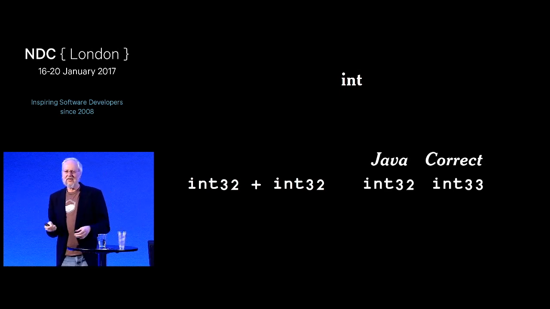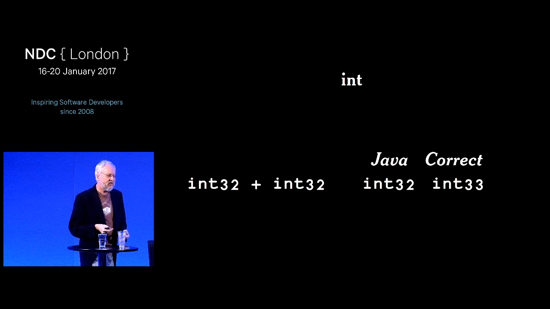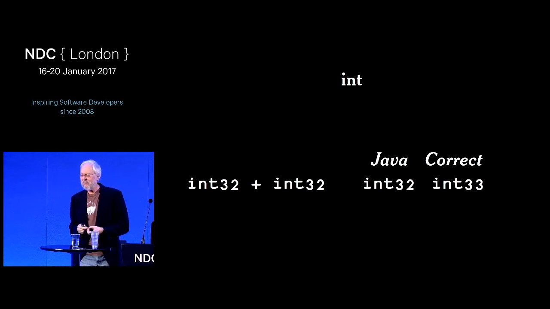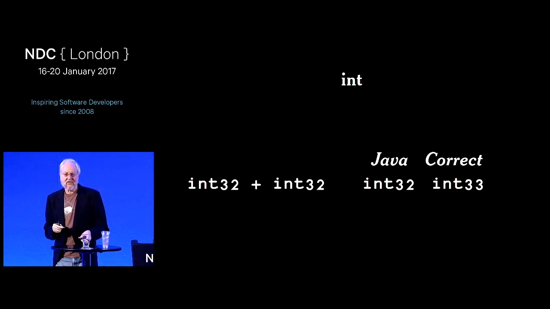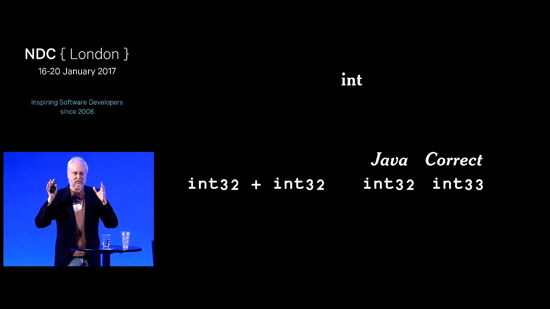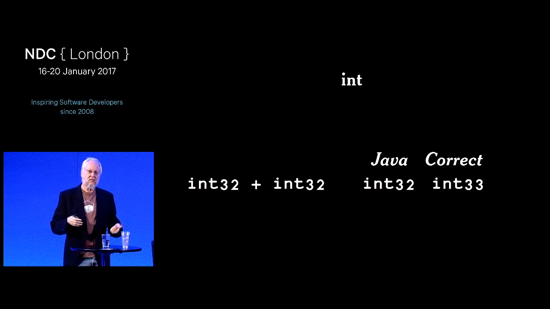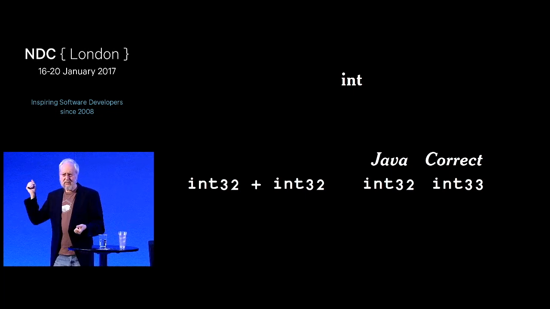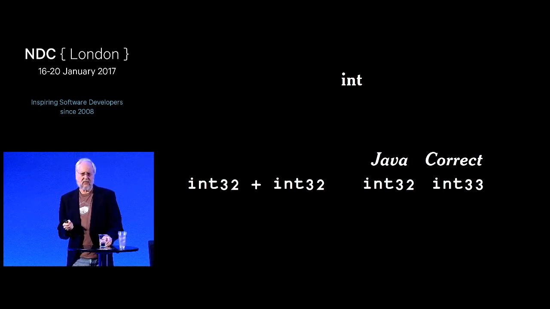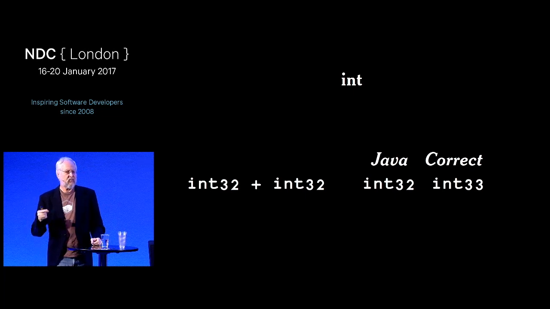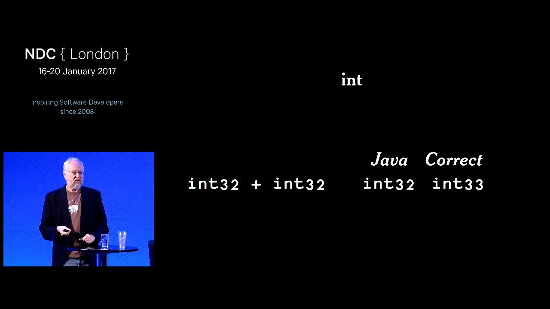Well, I didn't think that would stump everybody, but the answer is int33. int33, because the result of adding two 32-bit ints together is you could get one that's 1 bit more. Java and many other languages get this wrong. They think it's int32, which means that if you get an int33 answer, the most important of all of those bits gets thrown away without any notification, and programs go wildly wrong.